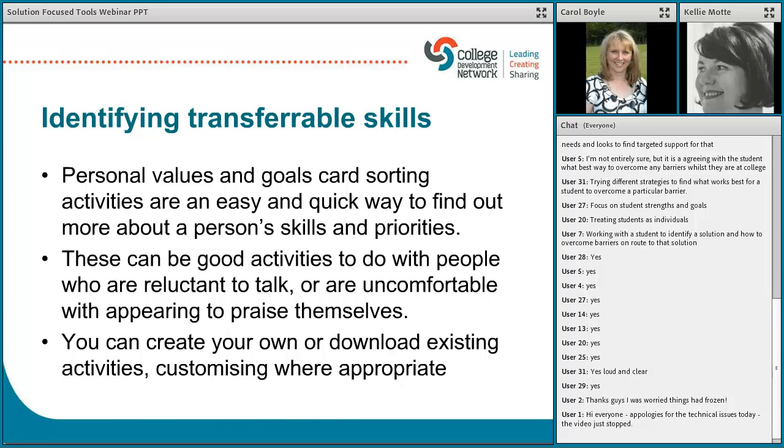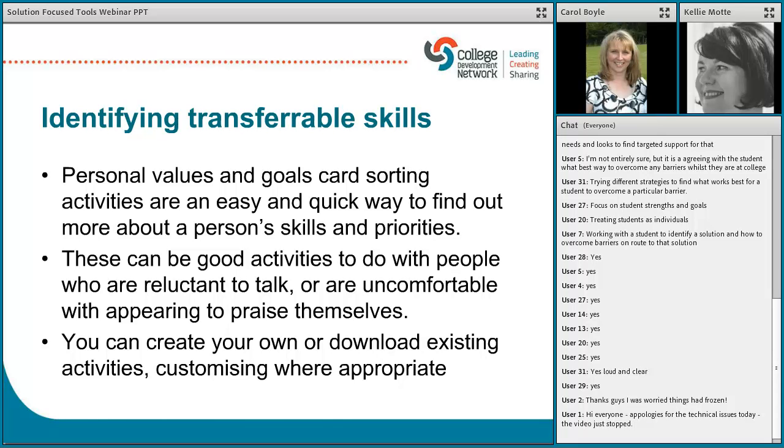So I mentioned just there, identifying transferable skills. Now, at the end of the session, you'll be able to download some resources which contain information about what's called values, personal values and goals, card sorting activities. They're often quite paper-based, but there's no reason why you can't pop these into a Word document and do it digitally, which obviously is more accessible for people.